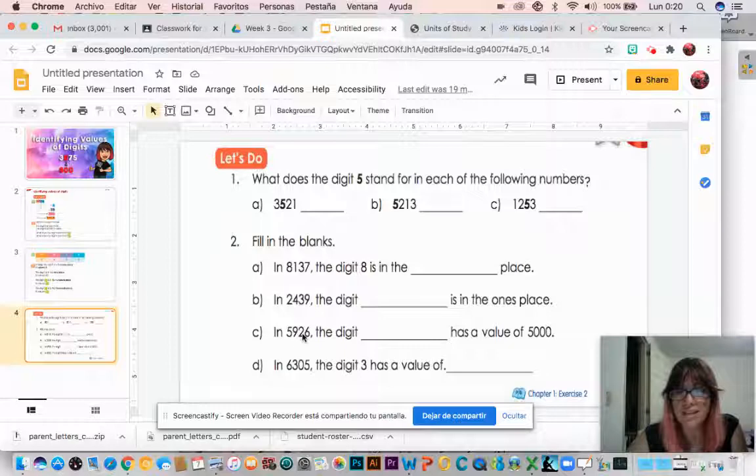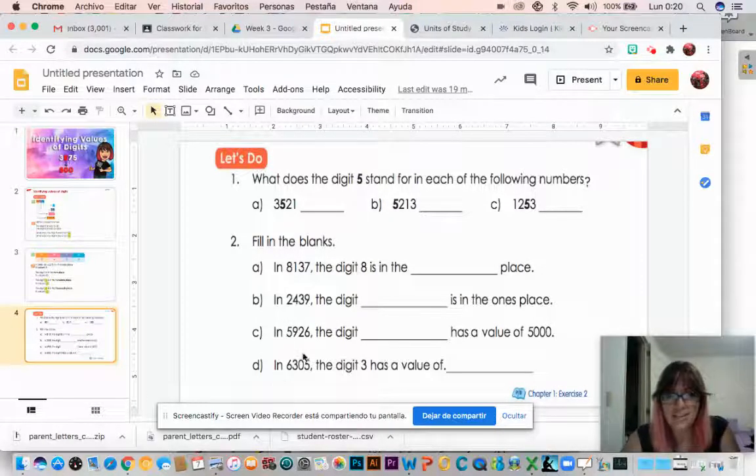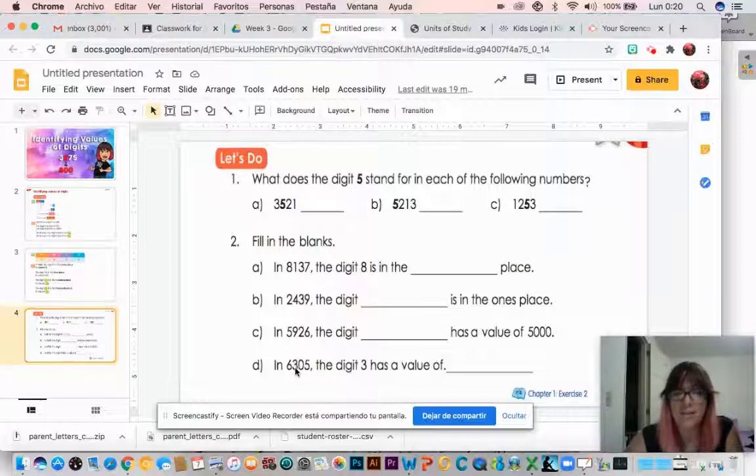Which of these equals 5,000? And the last one, in this number, the digit 3 has a value of, so here, again, you write a number. The 3 equals what? This 3 equals 3, this 3 equals 30, or this 3 equals 300, or this 3 equals 3,000.